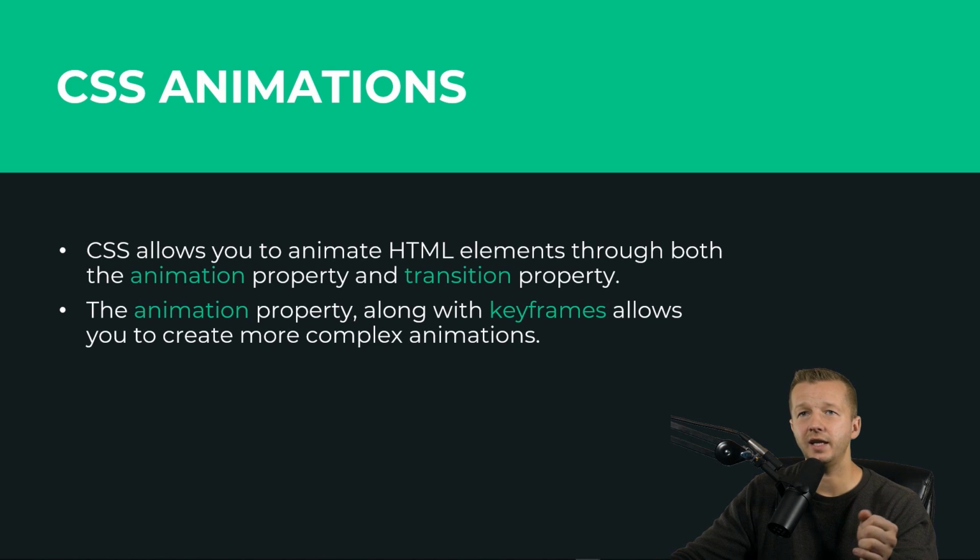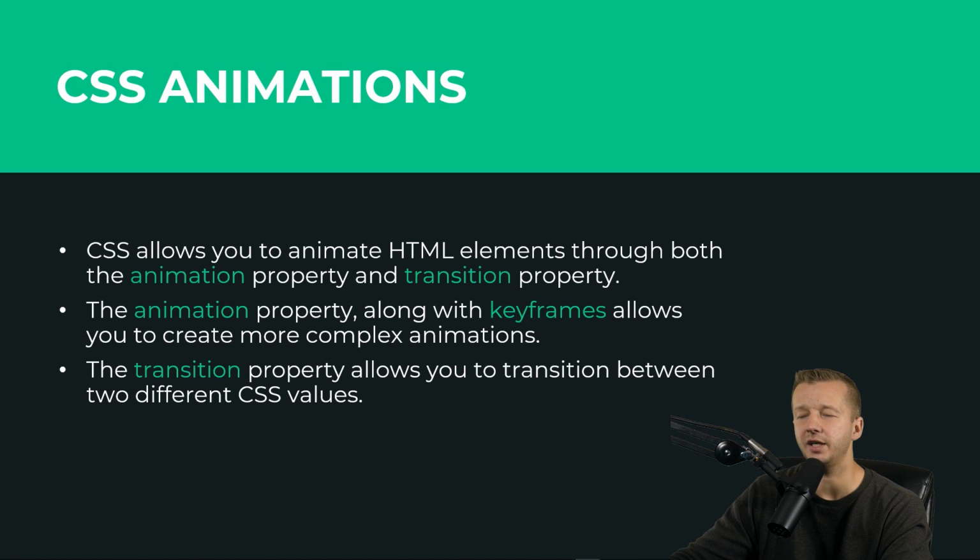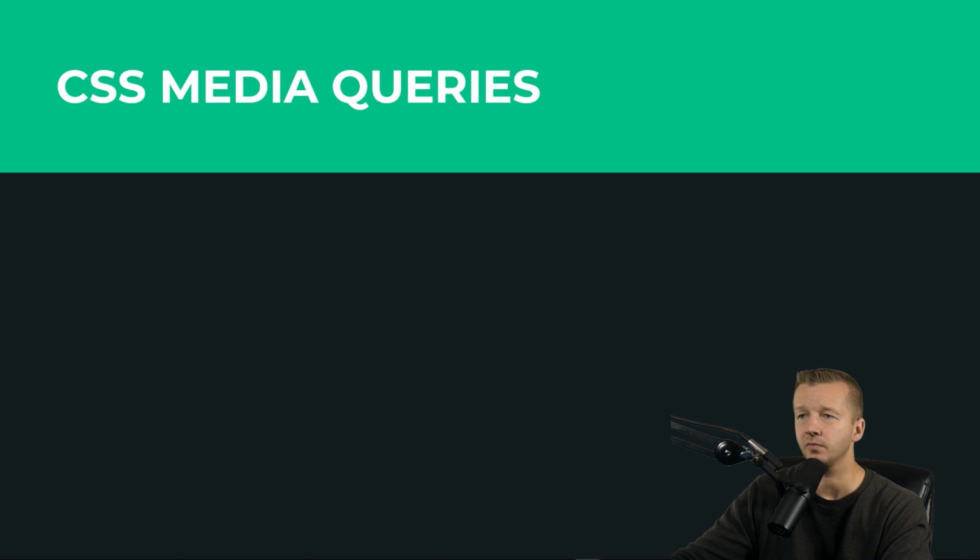If you define an animation that's 10 seconds long, you can use keyframes and control the values of different properties in terms of the percentage that occurs over that 10-second duration. It's a little hard to explain without showing you, so I will show you an example of this when we get to the project. The transition property is more simplistic. It simply allows you to transition between two different CSS values.